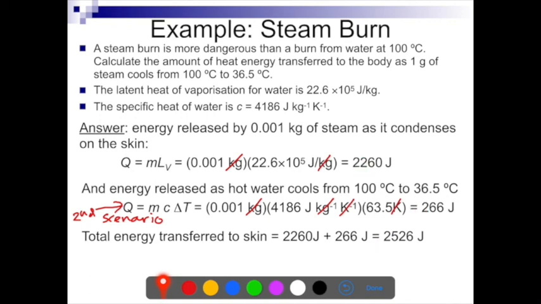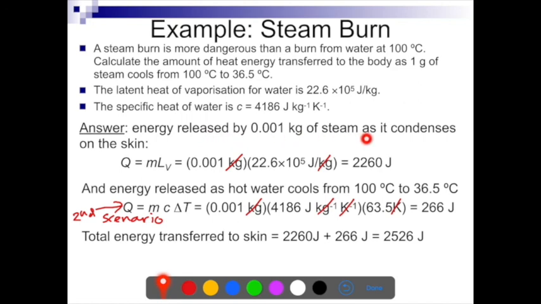These numbers here are the amount of energy that's absorbed by the skin. So these energies are transferred to the skin. Whatever amount of energy is released from steam and from hot water is absorbed by skin. So you'll have this opposite sign relationship.